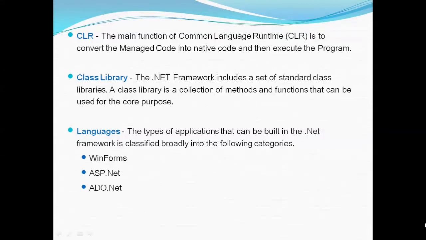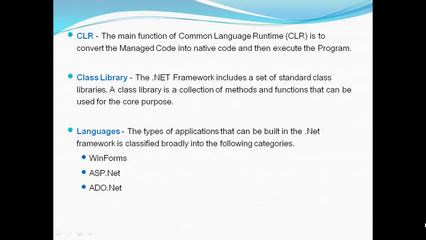And native code is what the compiler finally builds from that code, understandable by the .NET Framework. Class library. The .NET Framework includes a set of standard libraries. A class library is a collection of methods and functions that can be used for core purposes.